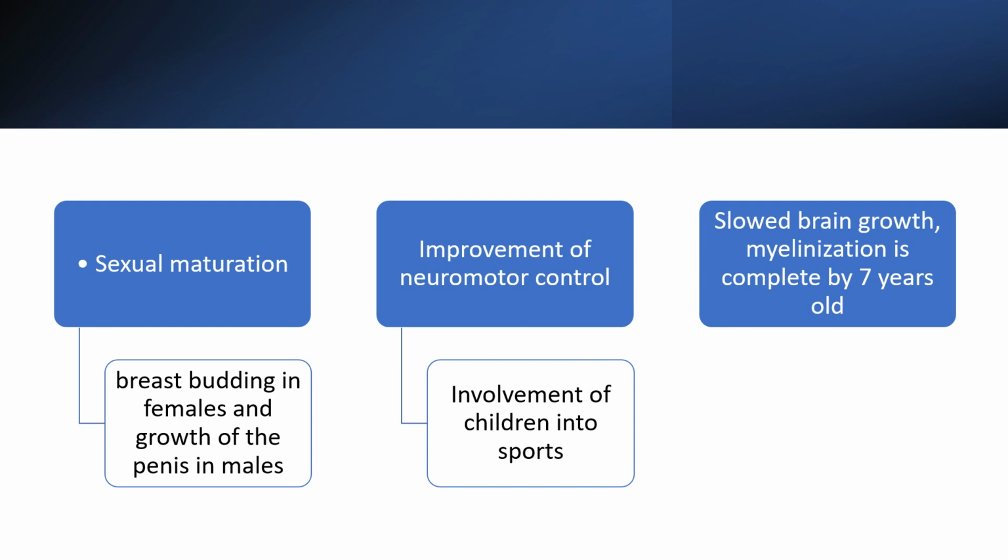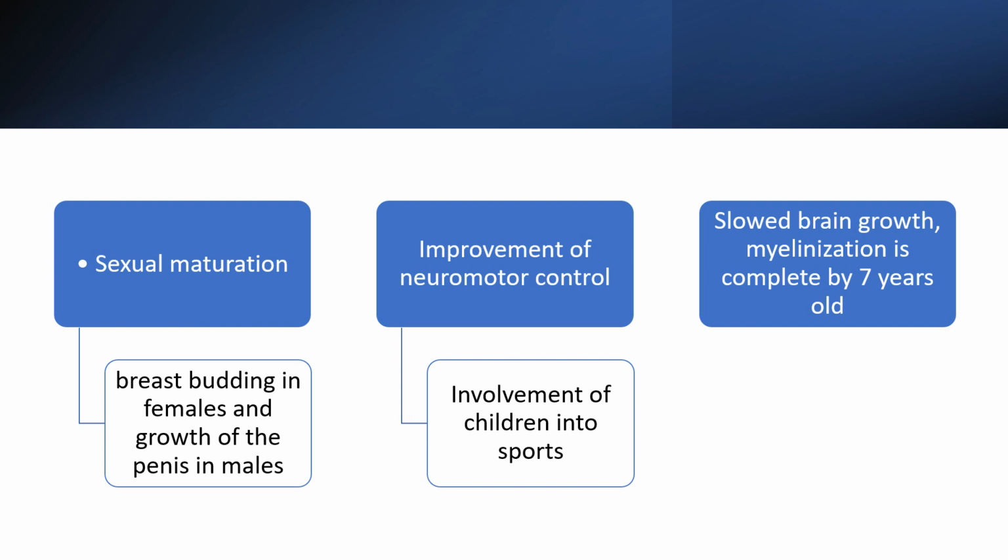Their neuromotor movements are now being developed greatly. So this is also the best time where you can develop different skills. And then slowed brain growth, myelination is complete by 7 years old. So in the brain, in our nervous system, we have neurons.